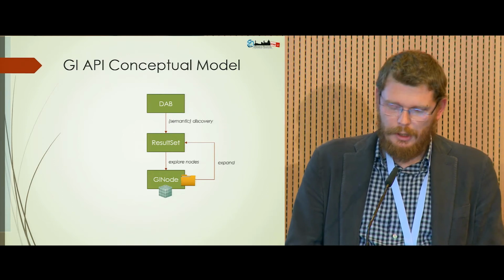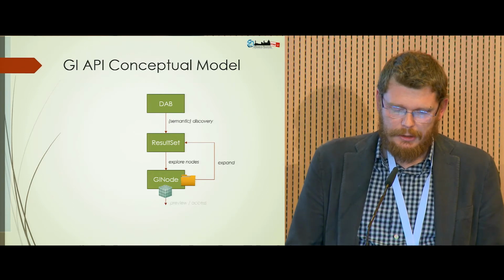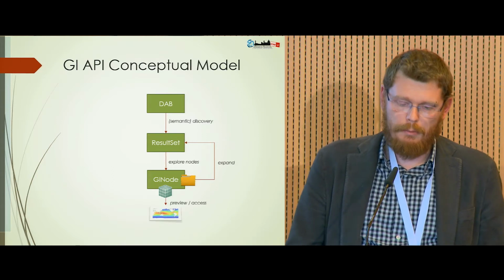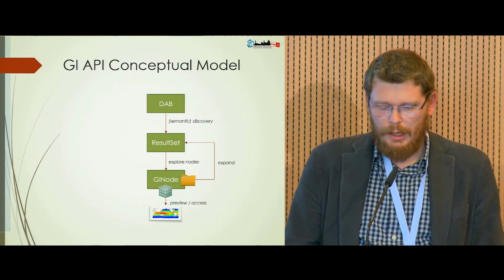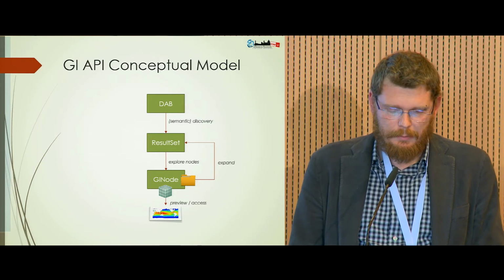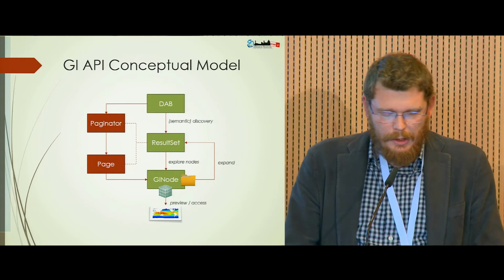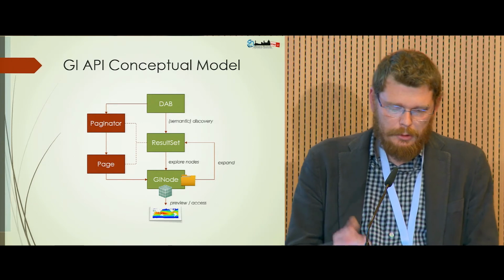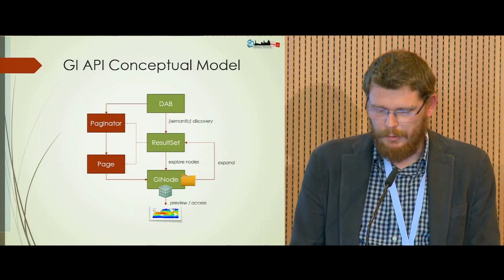Then it is possible, again using the APIs, to get the actual data, both a preview of it and the access to the actual data. And then you have a set of helping tools for the pagination of the results.